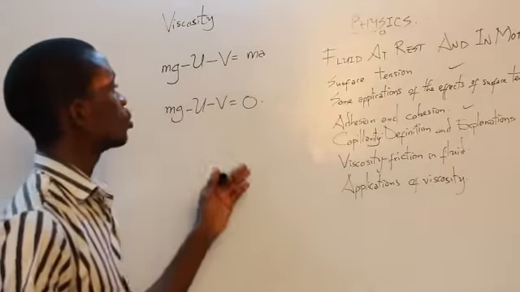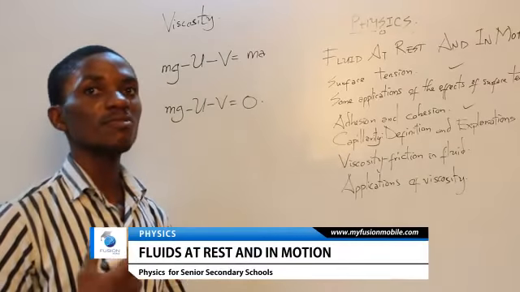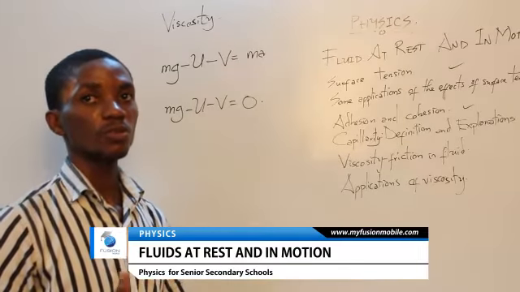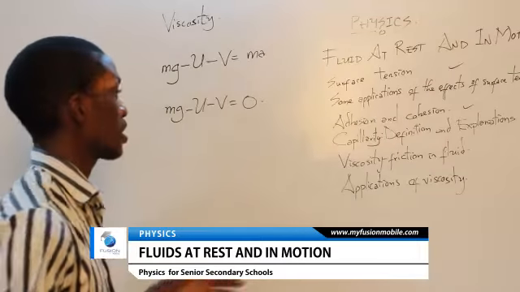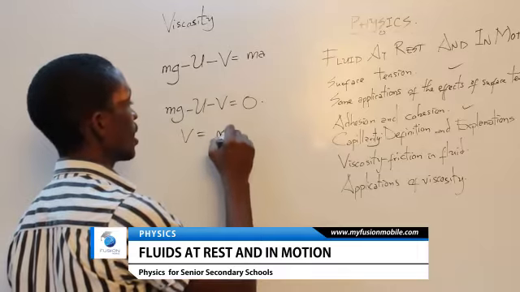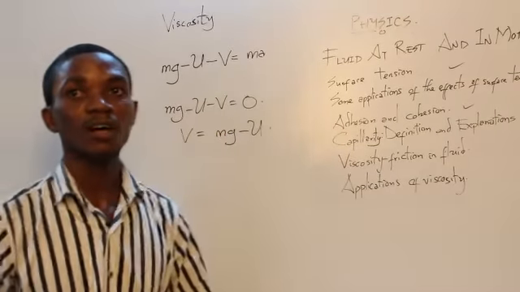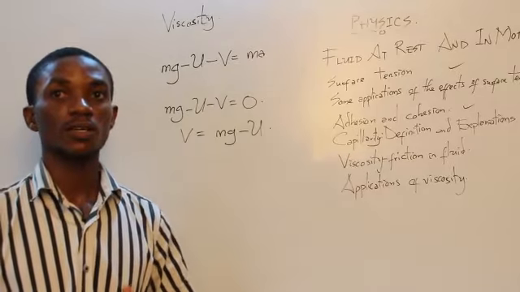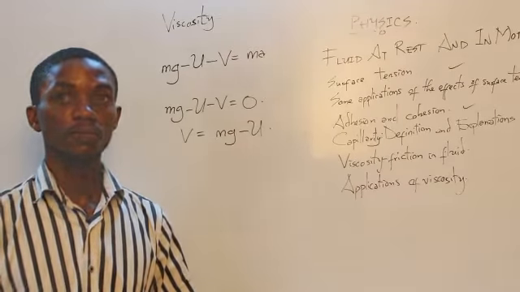We usually use this to calculate the viscosity of the fluid, because we can easily get the upthrust, and so the viscosity of a fluid can be calculated as mg minus U at the point of terminal velocity.